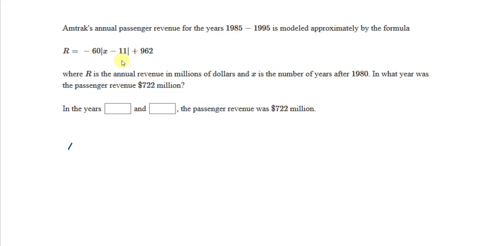This is the revenue function of Amtrak's annual passengers. So all you do now is set R to be 722 to find the years that this happens. R is equal to this expression, so let's set that plus 962 equal to 722. You want that to be $722 million.